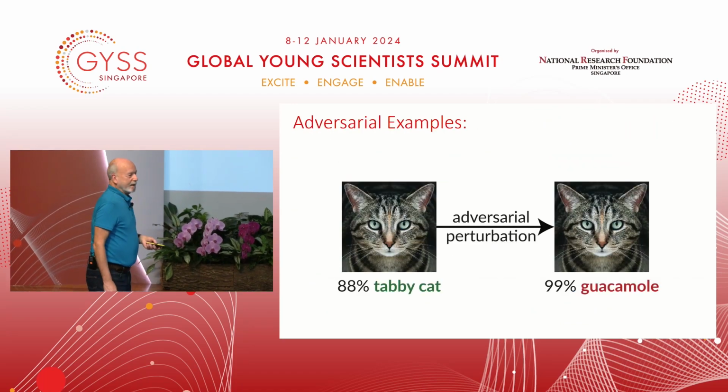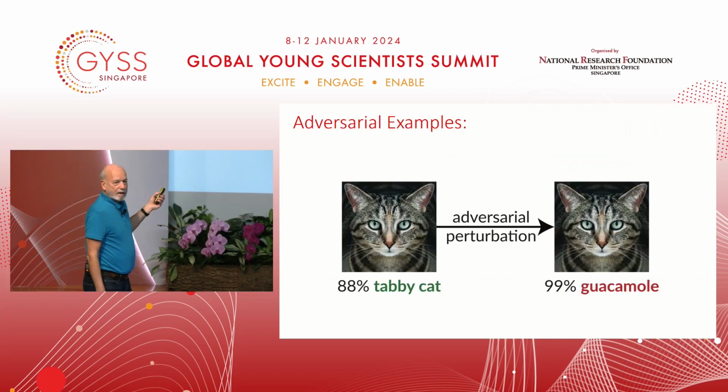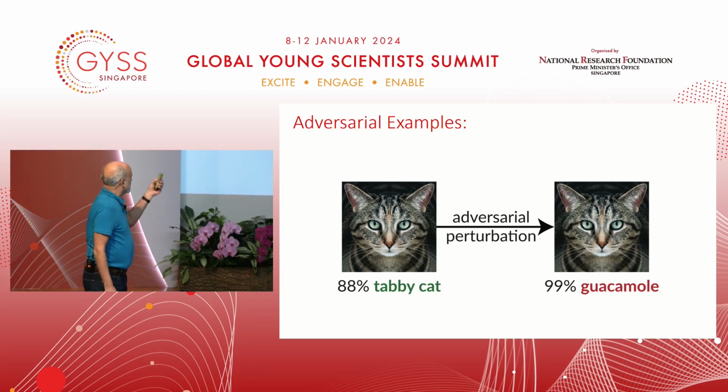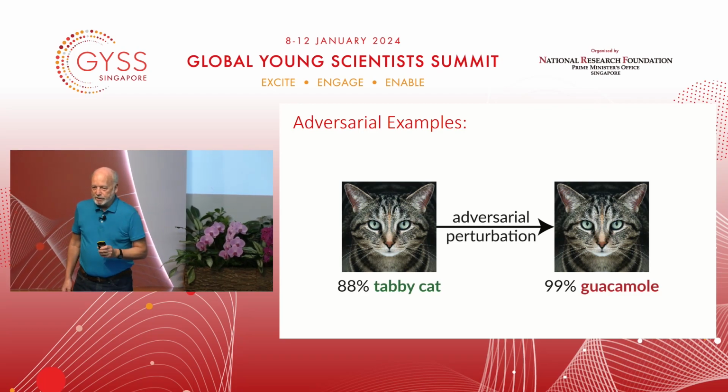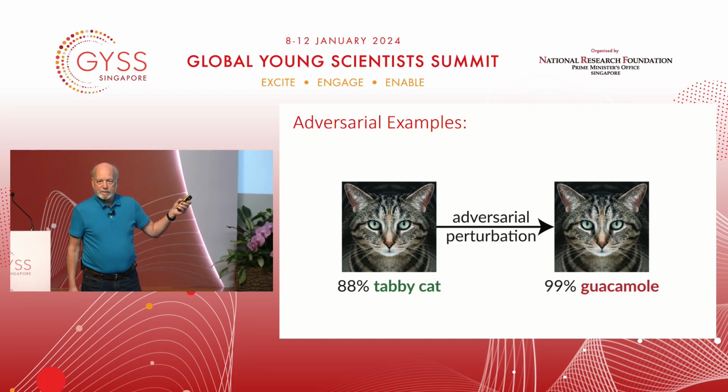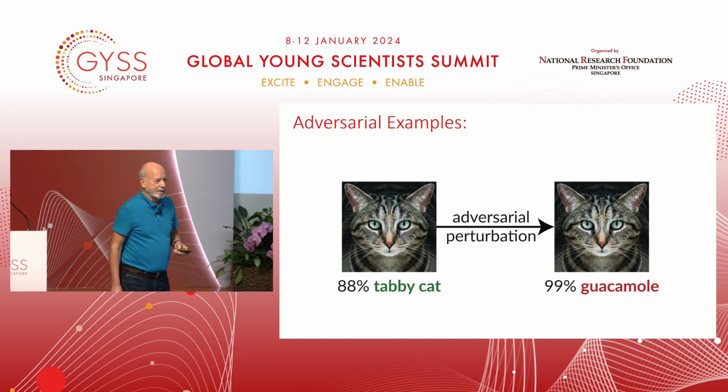The picture on the left is recognized with 88% confidence level as a particular kind of cat, tabby cat. You make an imperceptible change to the image. I don't think any one of you sees any difference between the left image and the right image.